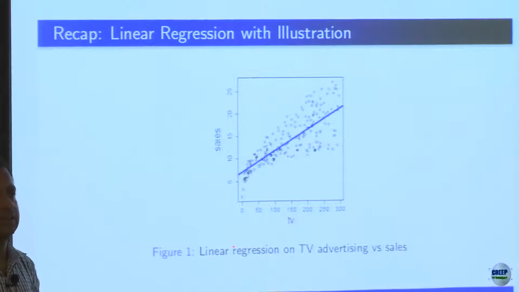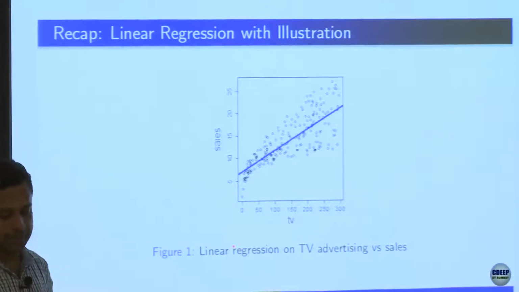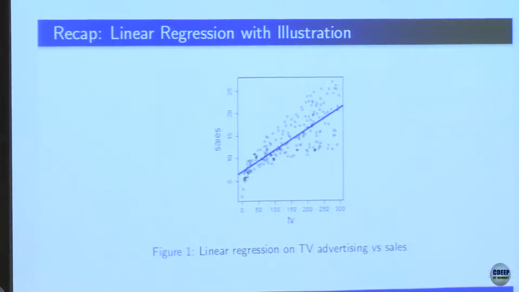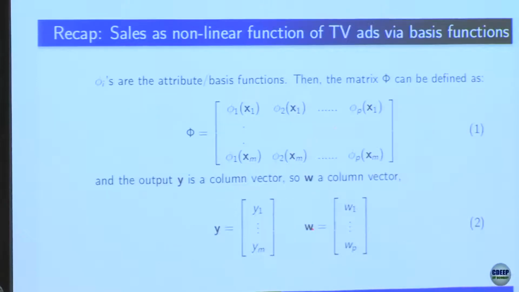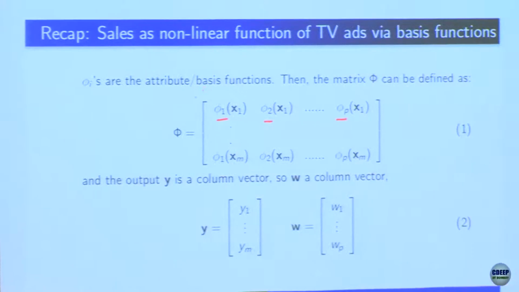And we said that the advertisement itself could have complex functions associated with it. So instead of just talking about the amount of money associated with an investment for an ad, we could have phi 1 to phi p, and these are functions. These are called basis functions.